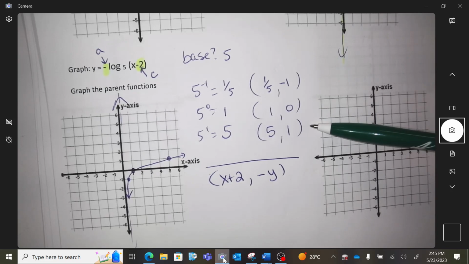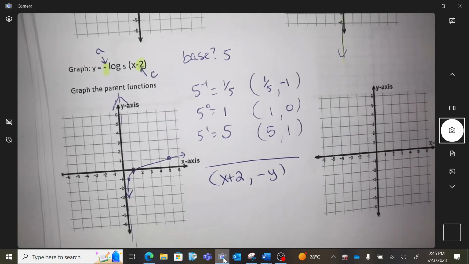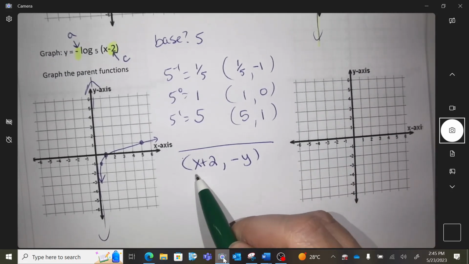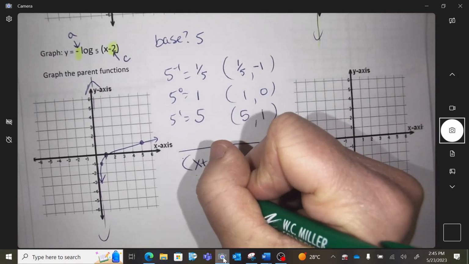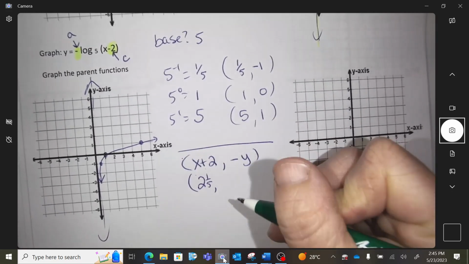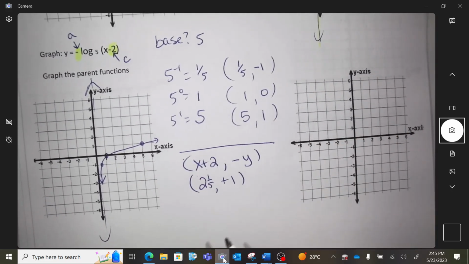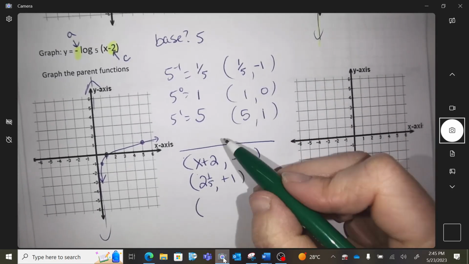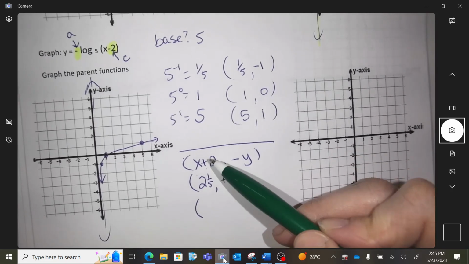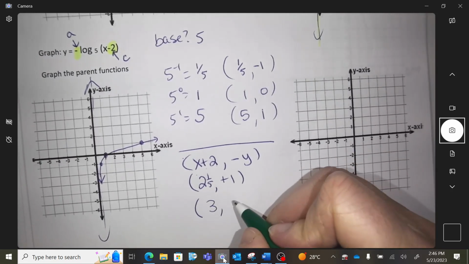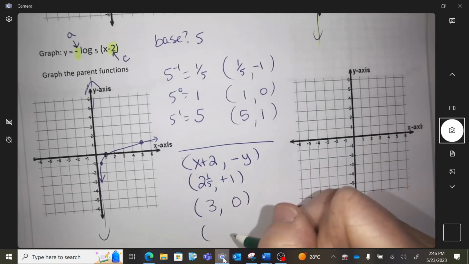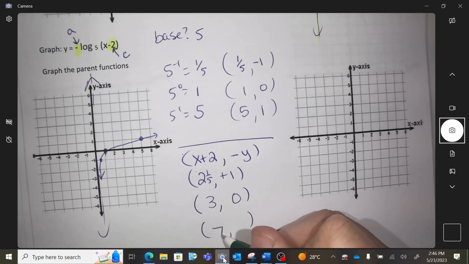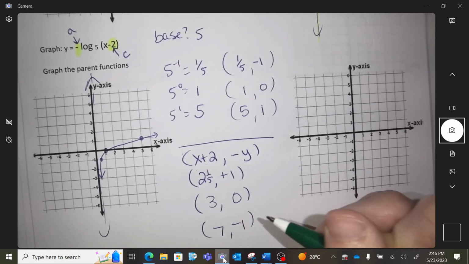Those coordinates are all going to be doing that. So 1/5 plus 2, I'm just going to go 2 and 1/5. And now this is +1. One plus 2 is 3. 0 stays at 0, right? And 5 plus 2, so now that's 7. And now this is -1.